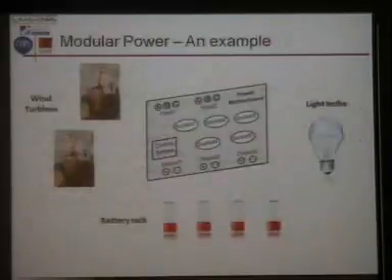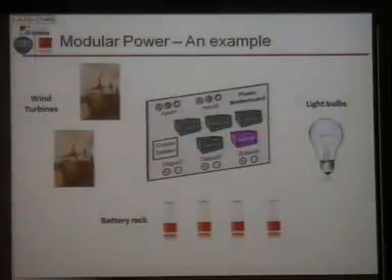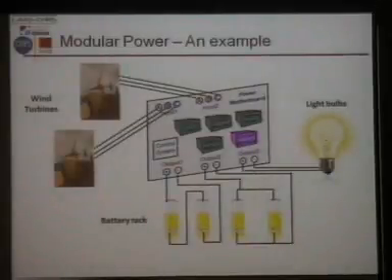Let me give you an example, because it's difficult to visualize. Imagine you have two wind turbines, a light bulb and a battery rack. What I propose is that you get the motherboard, put in the modules that we want, and connect everything.